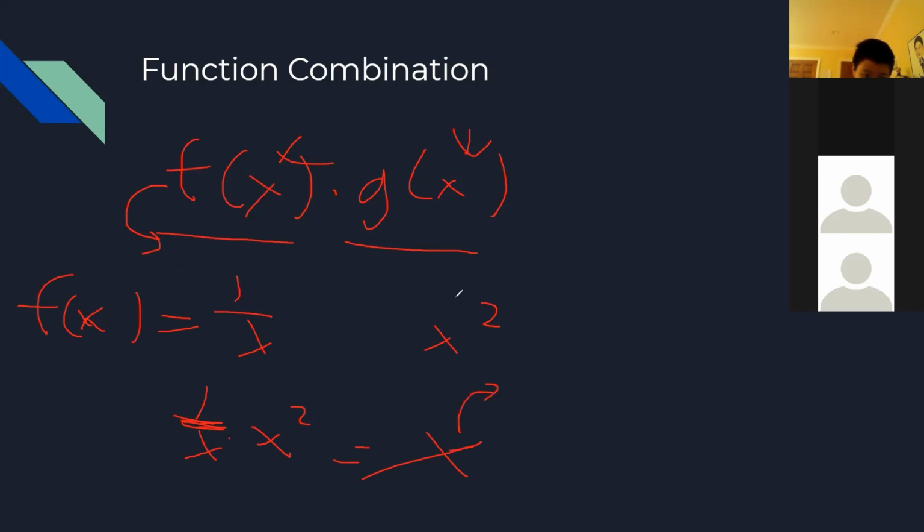So you need to watch out for domain issues when combining functions. It would be similar if, say, this were a divide. This would be 1 over x cubed, which is actually, that's a bad example, since it keeps the x can't be 0.